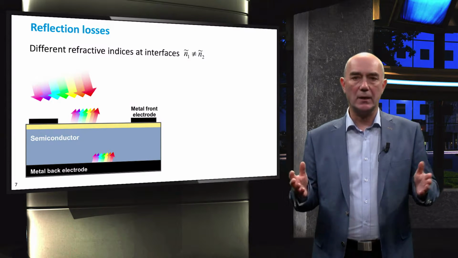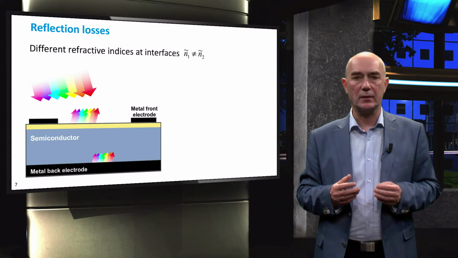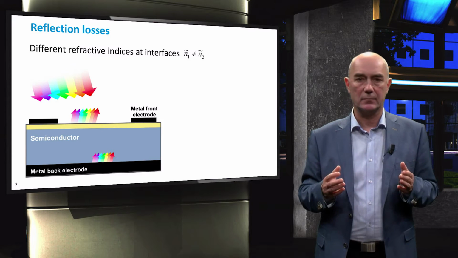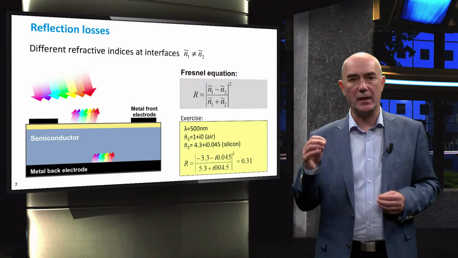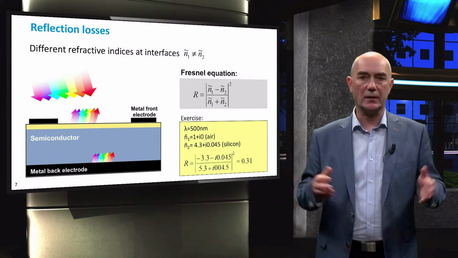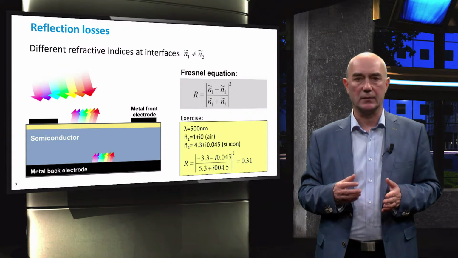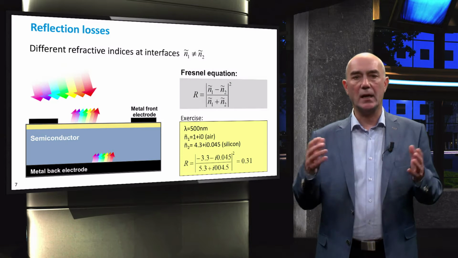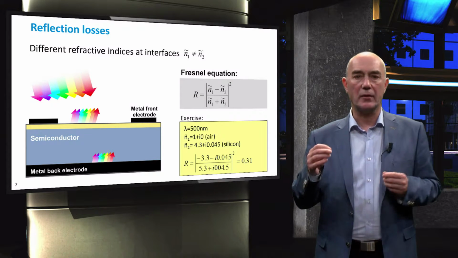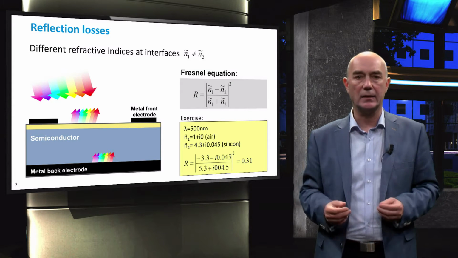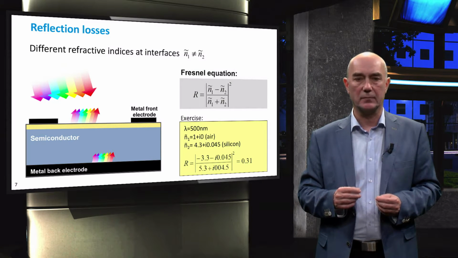We can find out how big the fraction of incident light that is reflected is. From the silicon-air interface, we use the Fresnel equations and refractive indices of air and silicon. We easily find out that at the wavelength of 500 nanometers, more than 30% of incident light is reflected from the solar cell.